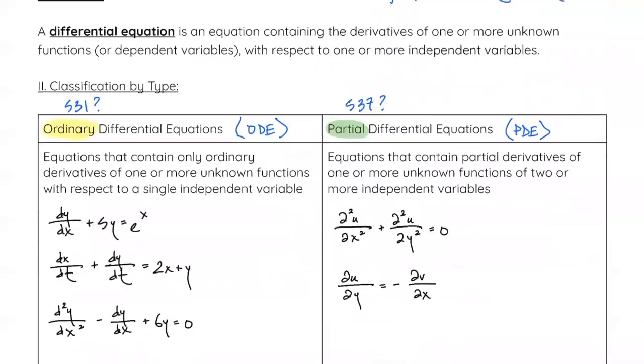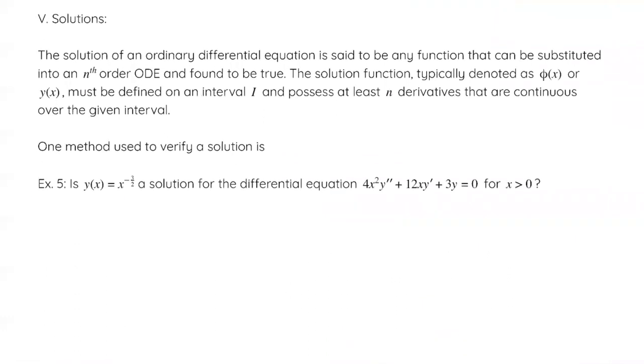So let's go back down to Roman numeral 5 here. All right. So these solution functions, typically we call them y of x. They're going to be defined over a certain interval, and we need to make sure that these functions are indeed continuous. Otherwise, we can't take all the derivatives of that. So we sort of make the assumption that we're looking at something continuous. All right.